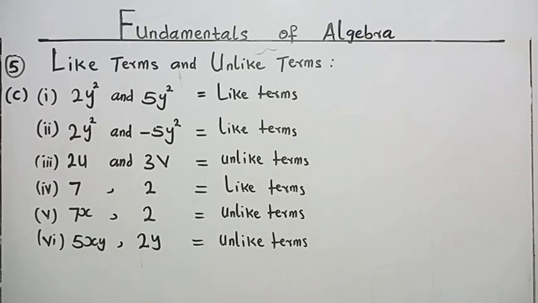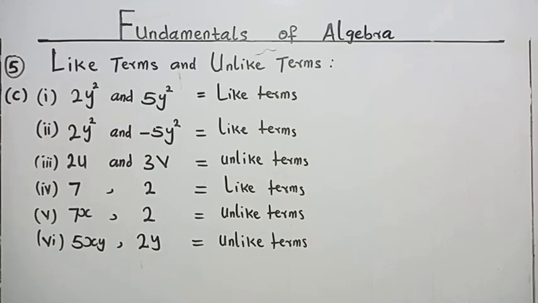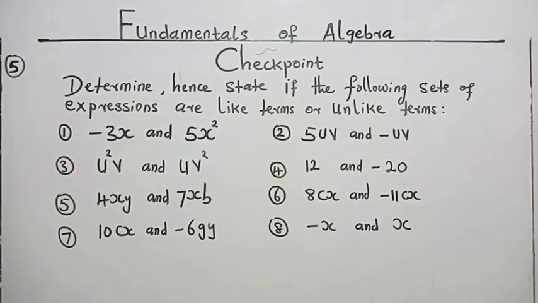The time has come for you to test if you're following what I've been saying from the start of this section. Please watch out for an exercise. And here comes the checkpoint. It says determine, hence state, if the following sets of expressions are like terms or unlike terms. Number 1, minus 3x and 5x to the power 2. Number 2, 5uv and minus uv.